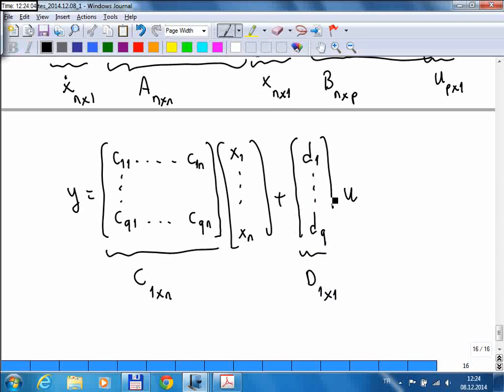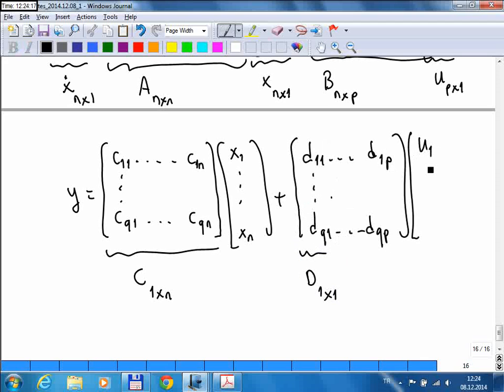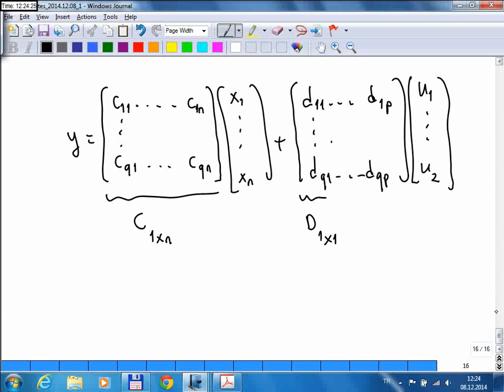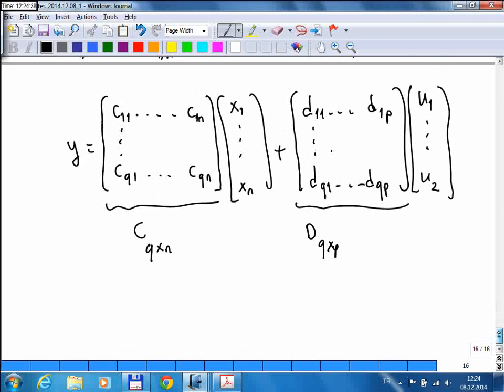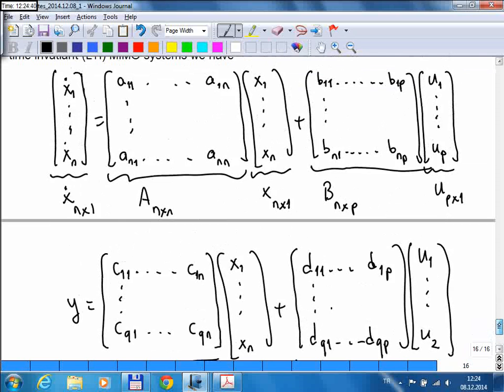And we have multiple inputs as well. It's 2 times n. Okay, so these are the linear state space equations for MIMO systems.